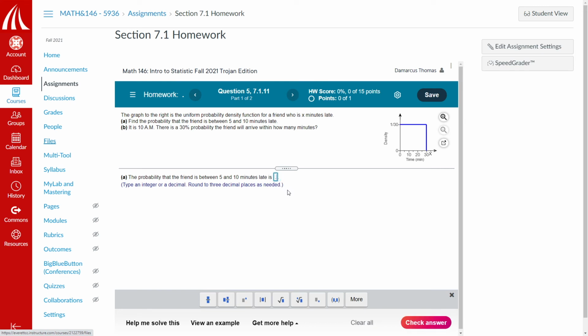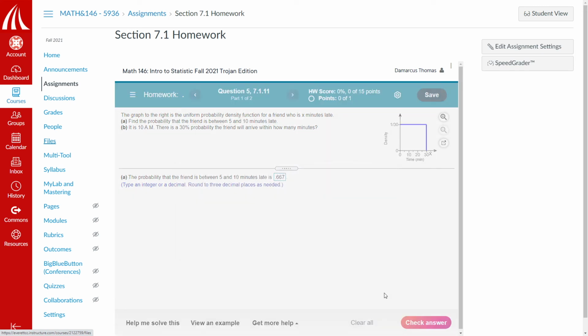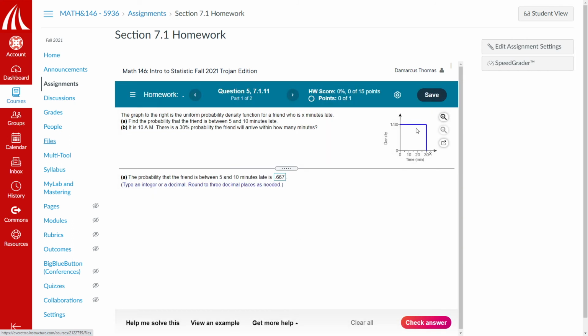or 0.667. 5 over 30 for part A. Between 5 and 10 minutes late, 5 times 30.